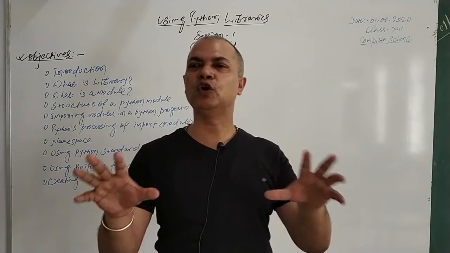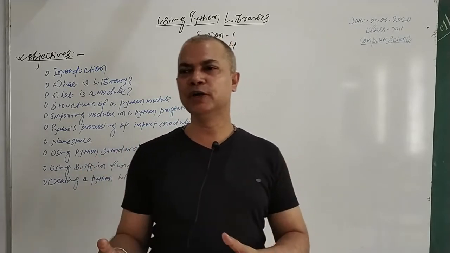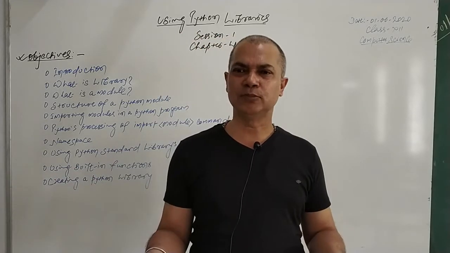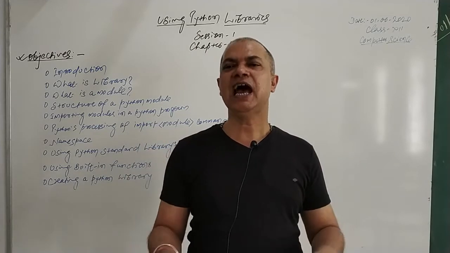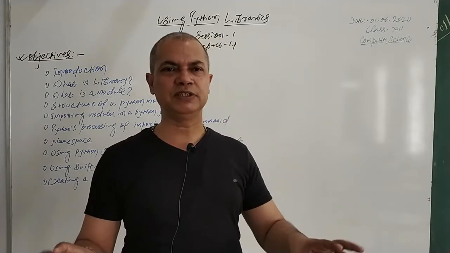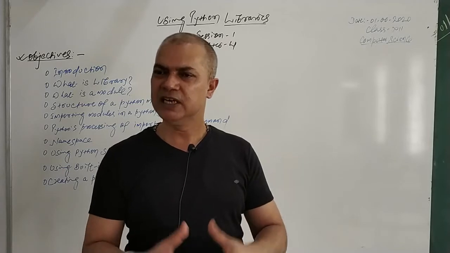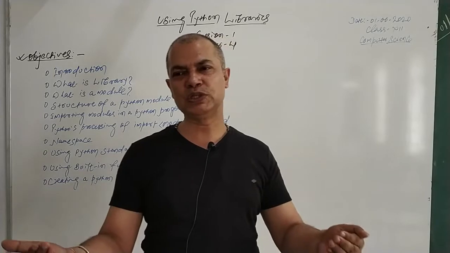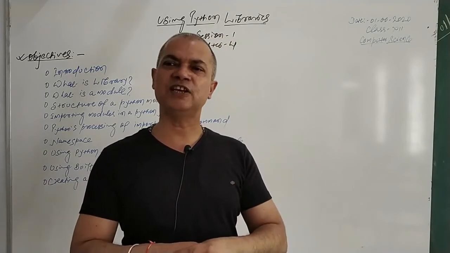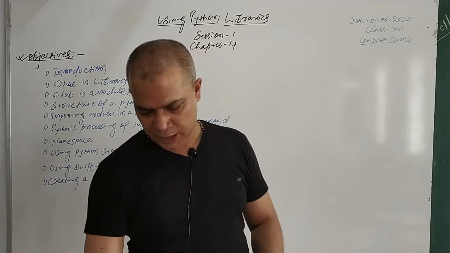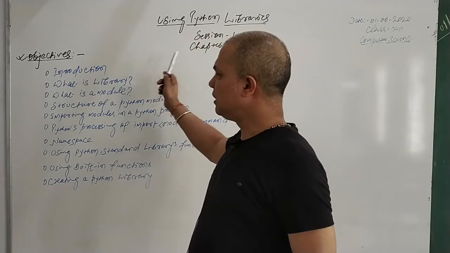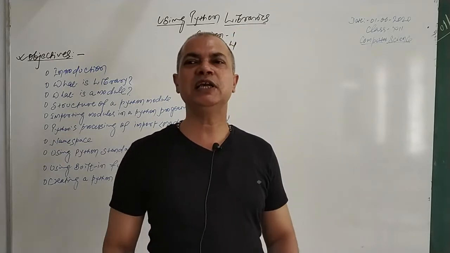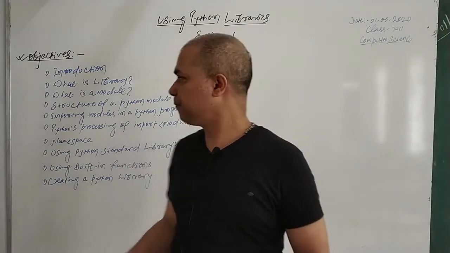For example, if I want to use the power method from the math module, I have to import the math module of the mathematical library, and then I can use math.pow, and in brackets I can pass the parameters. Here I am not creating a power function, I am directly using it from the math module. That's why import math is the statement that you write to use it. This is how a library is, and a module is a separate .py file. We can create our own module also, that we'll see.